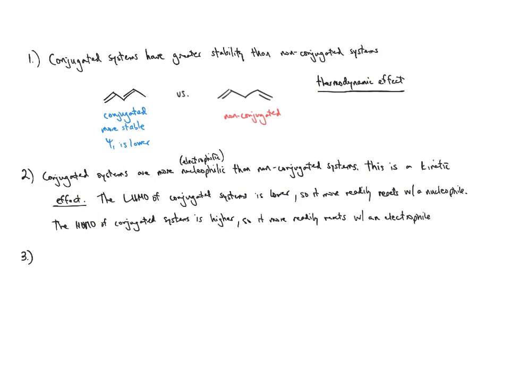The LUMO also comes down. But the psi1 always goes down. This is a thermodynamic effect. It's more stable. This is the essence of UV-Vis spectroscopy. In UV-Vis spectroscopy, you have electronic transitions.